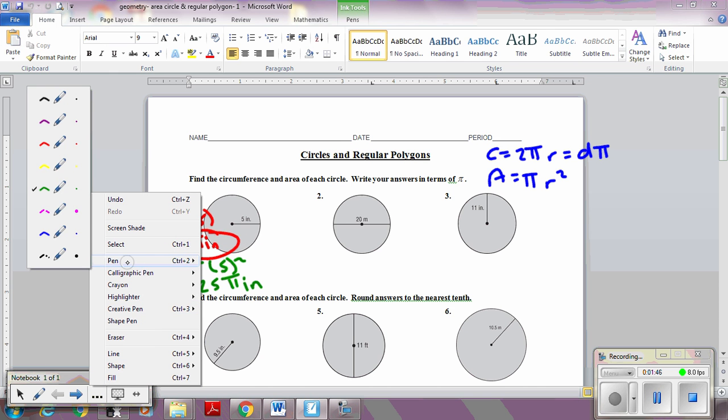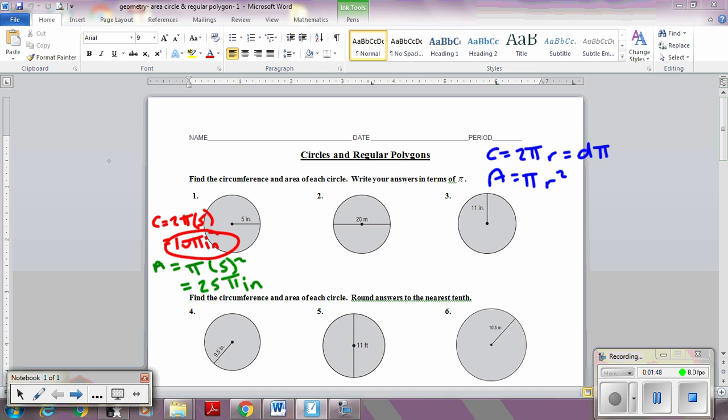On number 3, they give us the radius is 11, so we're going to say the circumference is equal to 2 times pi times 11, and 2 times 11 is 22, so it's 22 pi inches for the circumference.